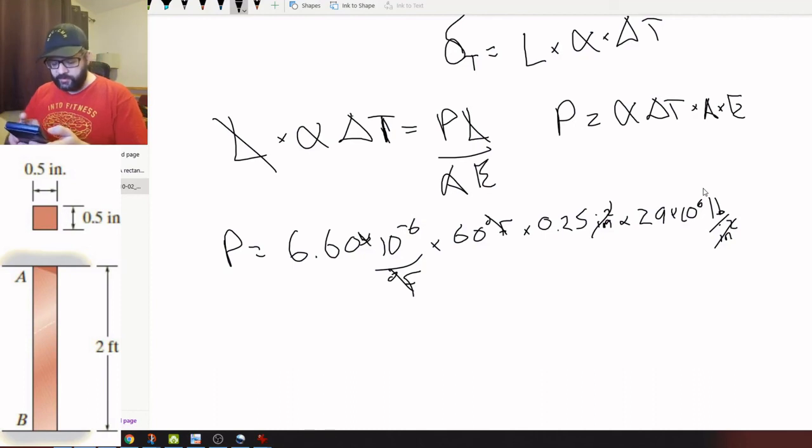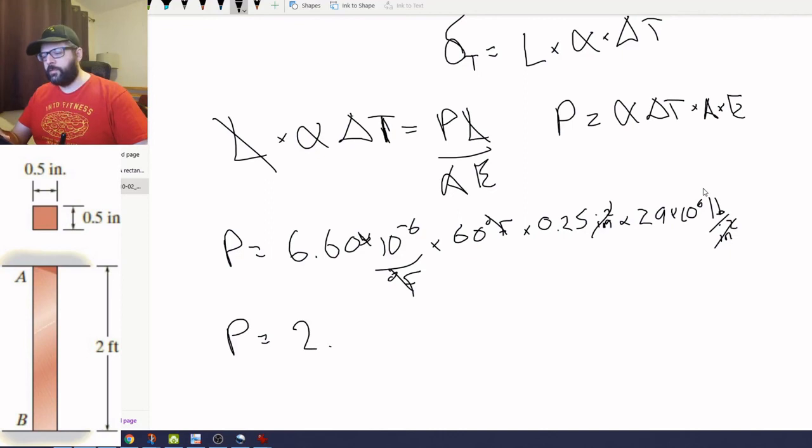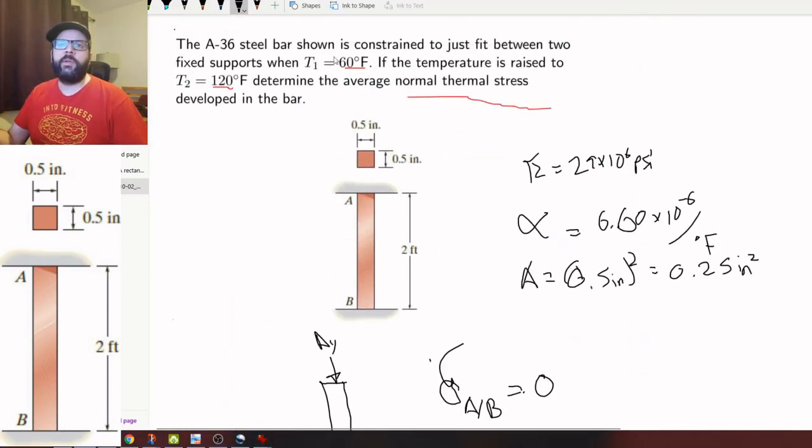So 6.6 E negative 6 times 60 degrees Fahrenheit times 0.25 inches squared times 29 E6 pounds per square inch. And that gives us a load of 2.87 kips. So we got our load here.